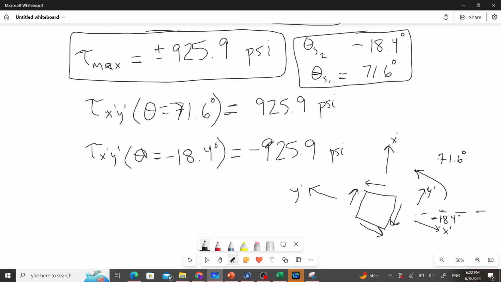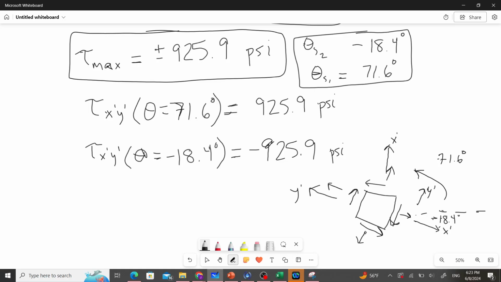One other thing to note, you actually will still have a normal stress. Even though when you have a principal stress there's no shear, when you have your max in-plane shear, you still have a normal stress. I just want to make note of that. So when you draw your stress element, you still have normal stresses when you're at your max in-plane shear.